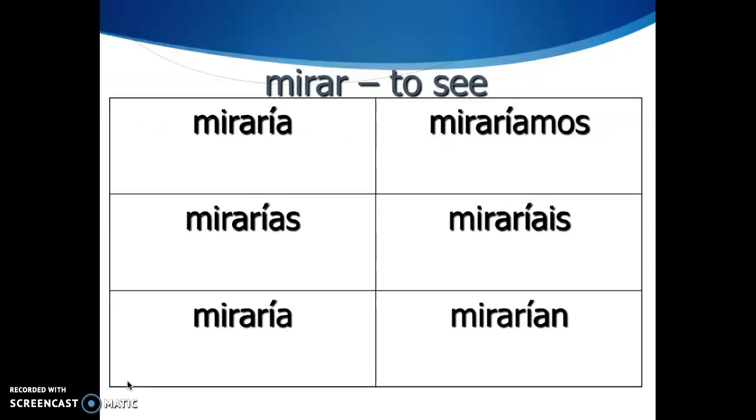All right, so an example, our verb mirar or to see, miraría, tú mirarías, él, ella, usted miraría, nosotros miraríamos, and ellos, ellas, ustedes mirarían. So again, using that in the conditional tense, I would see, you would see, he, she, or you would see. So you guys can see that example.